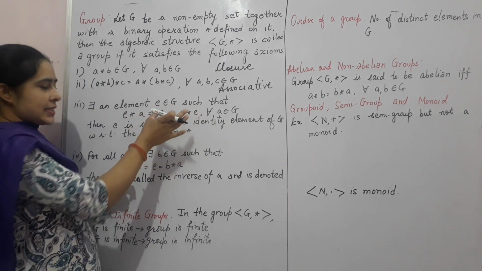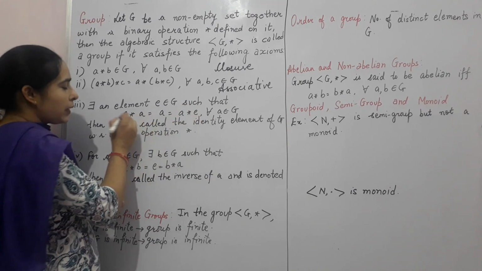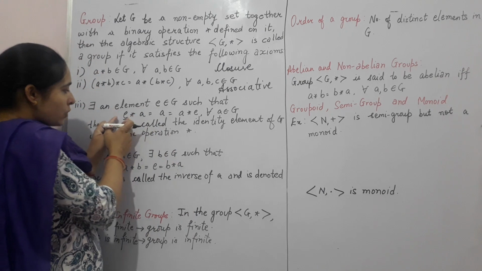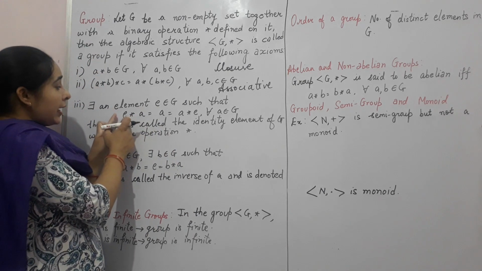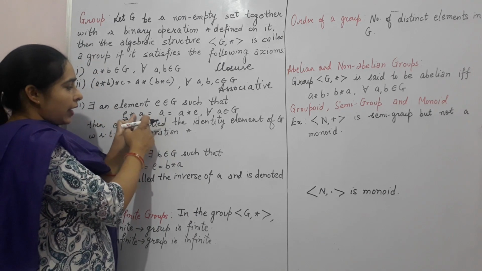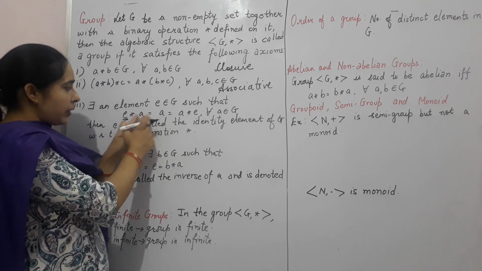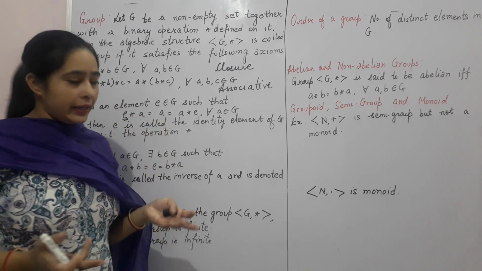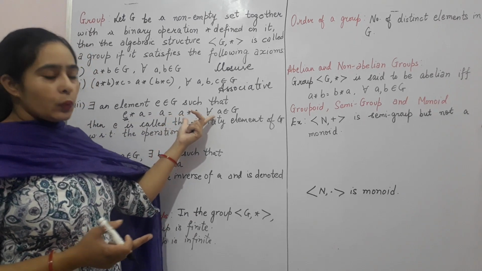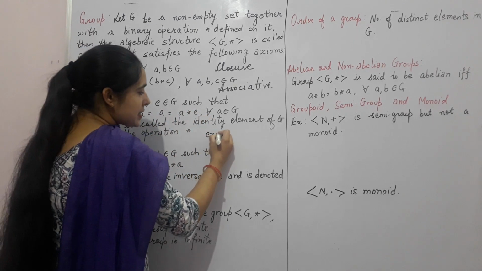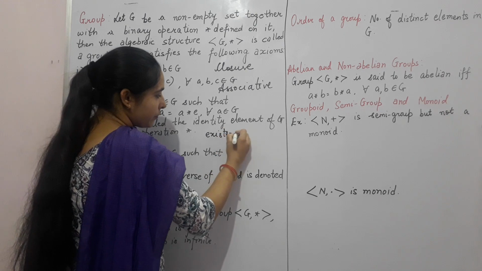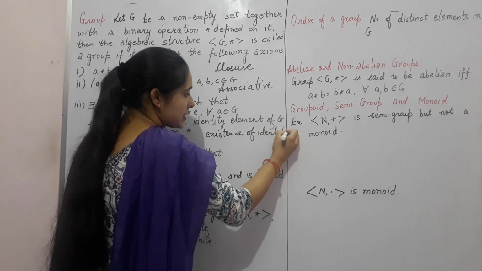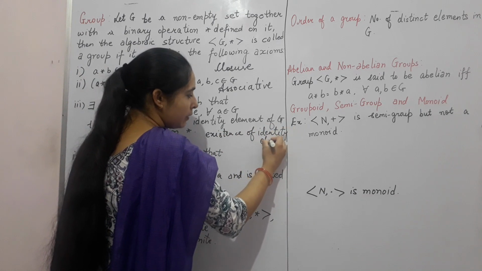Here easily you can see that e is playing the role of identity. Why? Because it does not change a. a will remain a when it is operated with e. That's why it is known as identity. This property is known as existence of identity element. This e is the identity element.